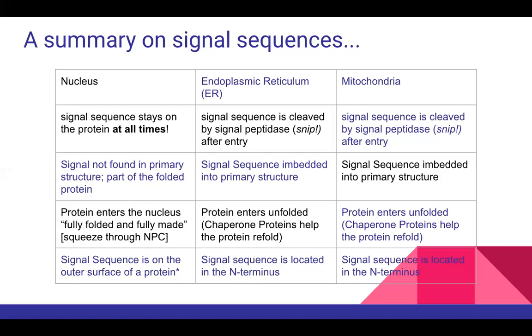Once it gets inside the organelle, the signal sequence is cleaved, and chaperone proteins help the protein refold into its proper structure. For the ER and mitochondria, the signal sequence is located in the N-terminus of the amino acid sequence. And like I said, the signal sequence is on the outer surface of the protein for the nuclear proteins.